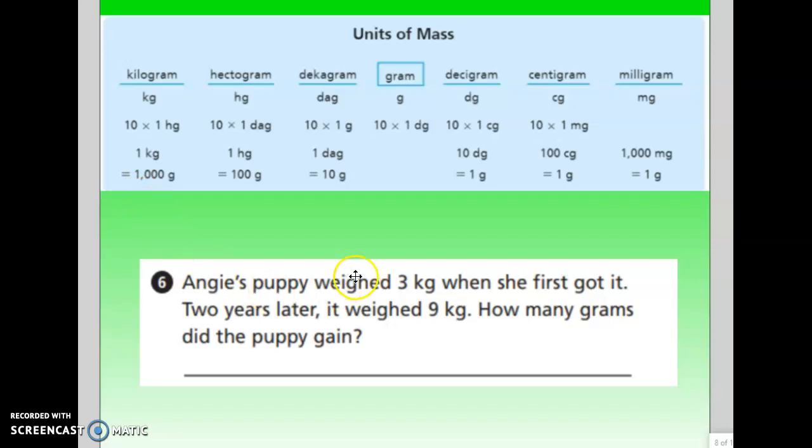Now the question is, how many grams did the puppy gain? The puppy started at 3 kilograms and is now 9 kilograms, so it increased by 6 kilograms, which is 6,000 grams. And that's how you convert that problem.